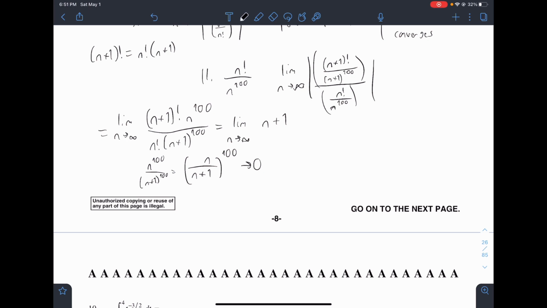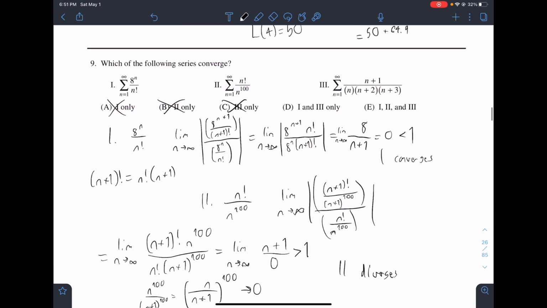So we're going to write this as over 0, which we can't really do, but in practice, if you graph it, it would basically go to infinity. And so this is greater than 1, because infinity is bigger than 1, obviously. So 2 diverges, and since 2 diverges, it has to be D. D is our answer. Awesome.